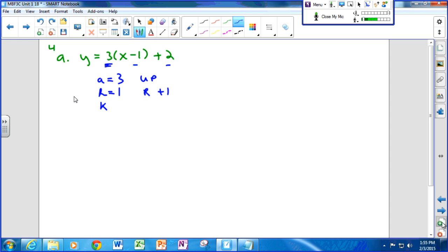And now k, which we just learned about, is positive 2, so it's going to shift up 2 units. I wasn't very clear on the a, maybe I should say opens up. So I think that's pretty much how we're going to solve that one.